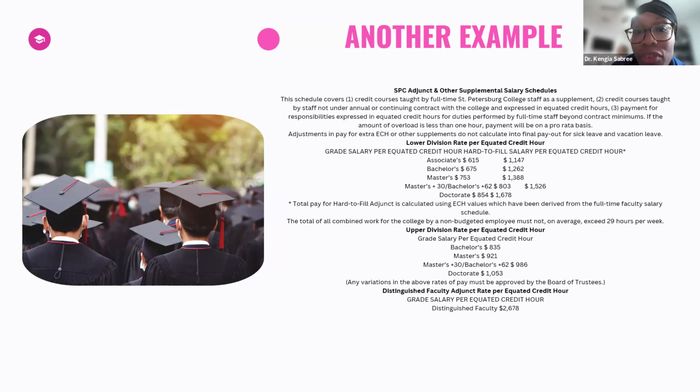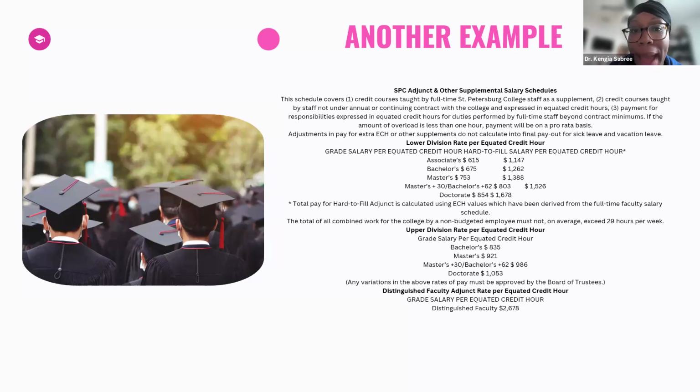And then if you're teaching for upper division, bachelor level courses, I thought this was interesting because it says you could have a bachelor's degree, but as we mentioned in a previous webinar, you should have a degree higher than the degree program in which you're teaching for. So if you're teaching for a bachelor's program, you need to at least have a master's and higher.